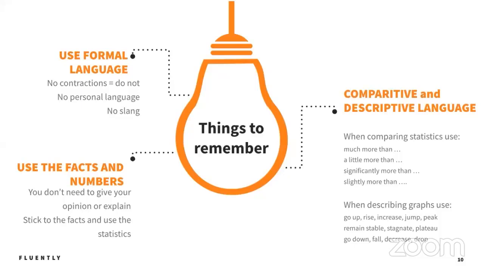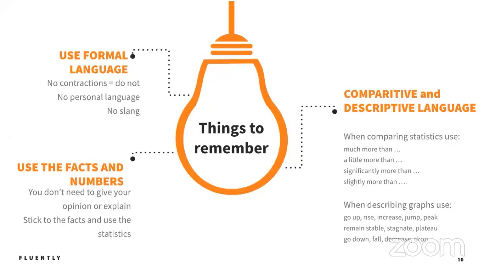Another important thing to remember is the language you use. So to impress the examiner and to make your description better, you want to use some comparative and descriptive language. So for example, when you're comparing statistics, rather than just saying this is more than that or this is less than that, you want to be more specific. So is it a big difference? Is it a small difference?